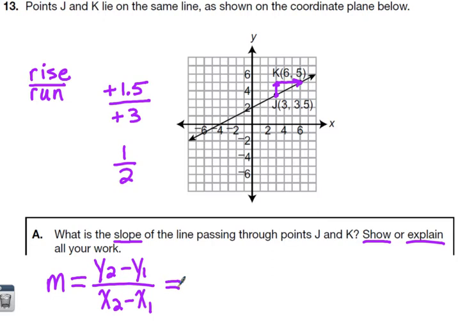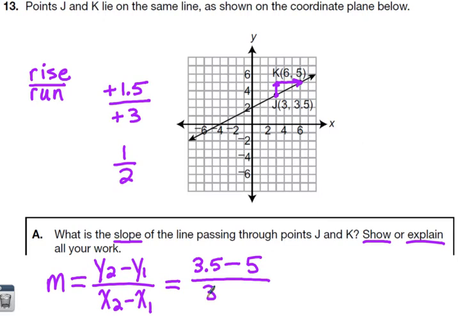So I look at those coordinates and I would call my y2, let's just say, 3.5. That is my second y coordinate, okay? My other y coordinate, y1, would be 5 then. And so that would make x2 3, okay? So again, look up here.